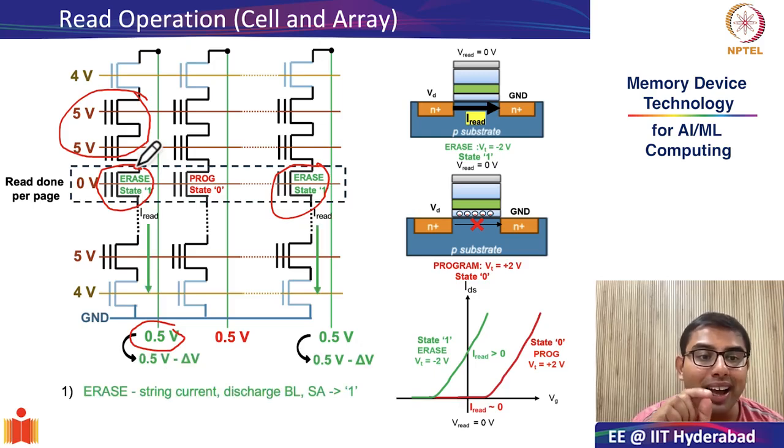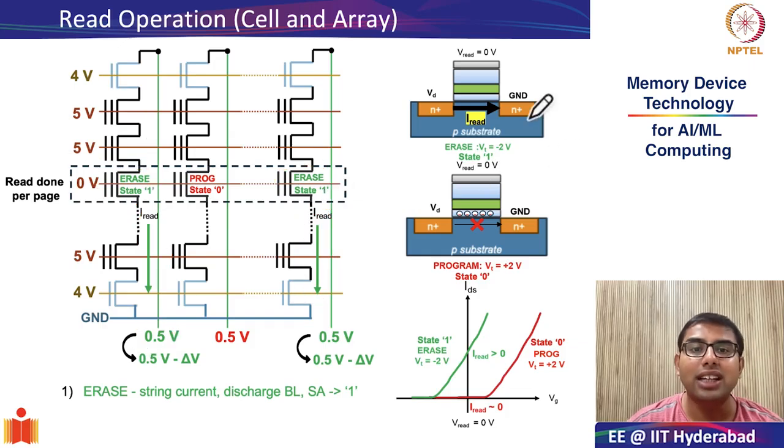There will be an effective string current. Why will there be an effective string current in string 1 and string n? This is because, as we had seen, the read voltage at the control gate was selected such that it is greater than the threshold voltage of your cells at erase state.